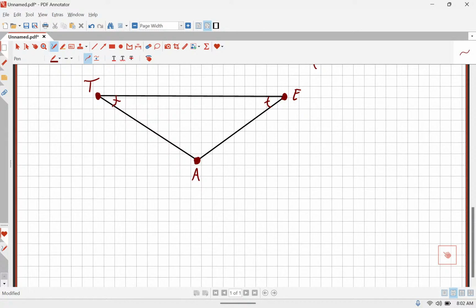Okay, let's see here, guys. So we're going to say that the measure of angle A is equal to 61 plus 30 degrees. 61 plus 30 degrees. And the measure of angle T is equal to 10 minus 3 degrees.